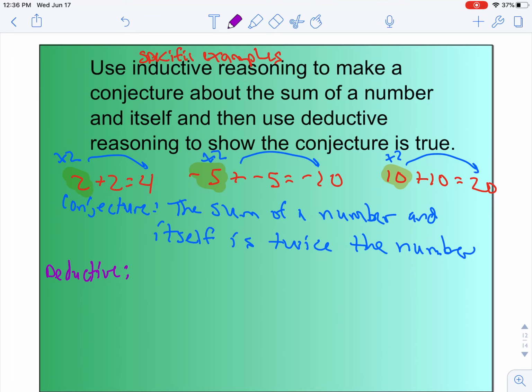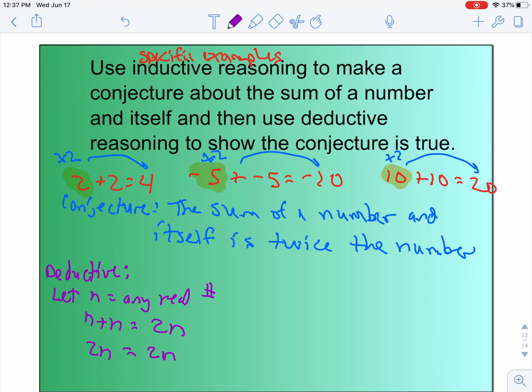that uses specific math properties, principles, etc. So now to use deductive reasoning, I would say let n equal any real number. Then n plus n equals 2n.